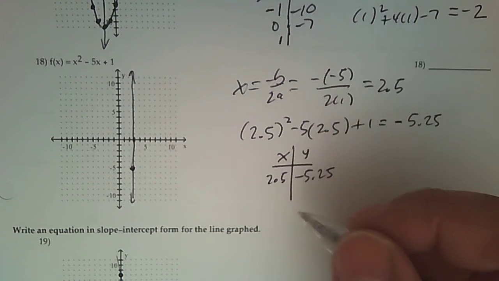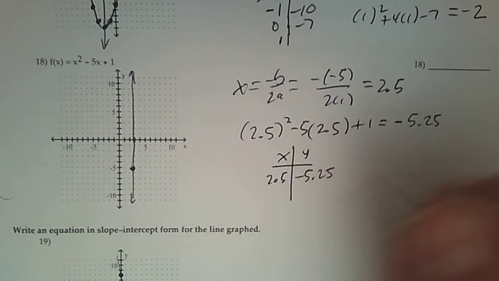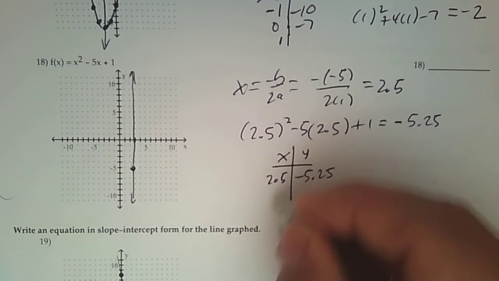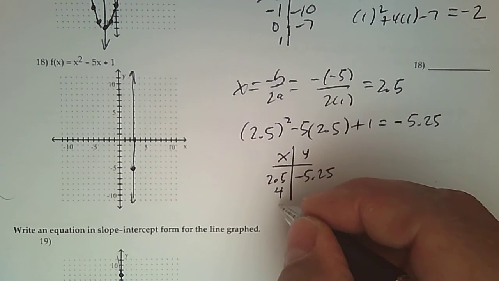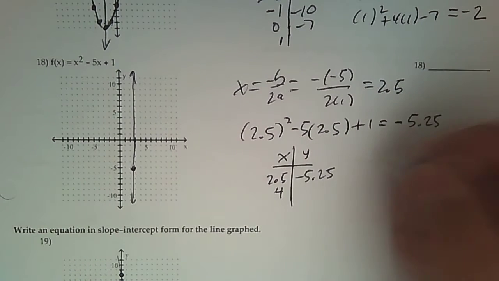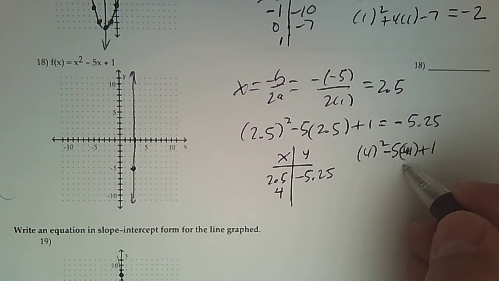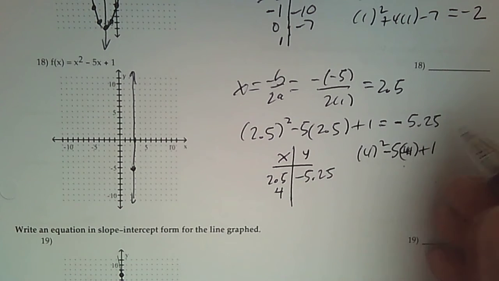I know it's going to fold up. I'm not going to pick point nothing. I'm going to pick whole numbers here. So 3 or 4 or 5. So if I plug in 4, something simple that you won't need a calculator for, 16 take away 20 plus 1, that's negative 3.